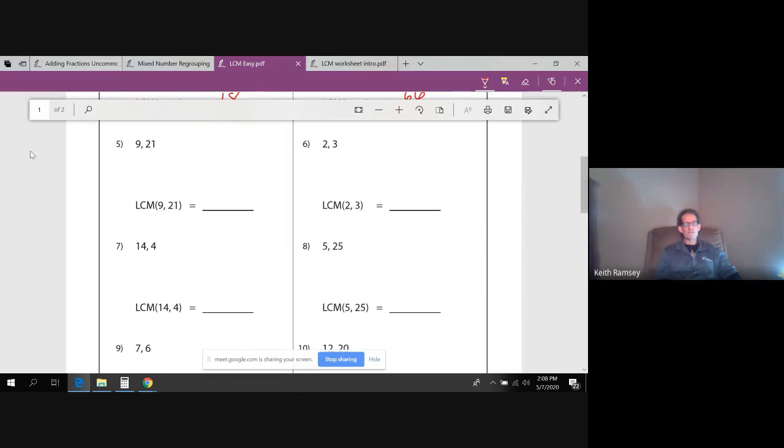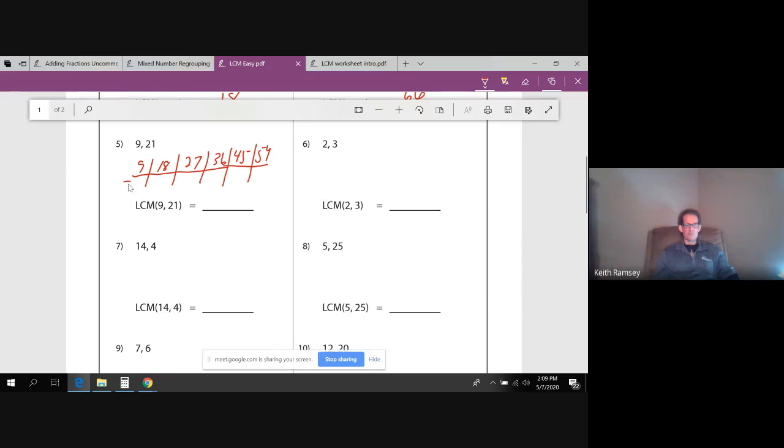And here's 9 and 21. I know my multiples of 9. 9 times 2 is 18. 9 times 3 is 27. 9 times 4 is 36. 9 times 5 is 45. 9 times 6 is 54.